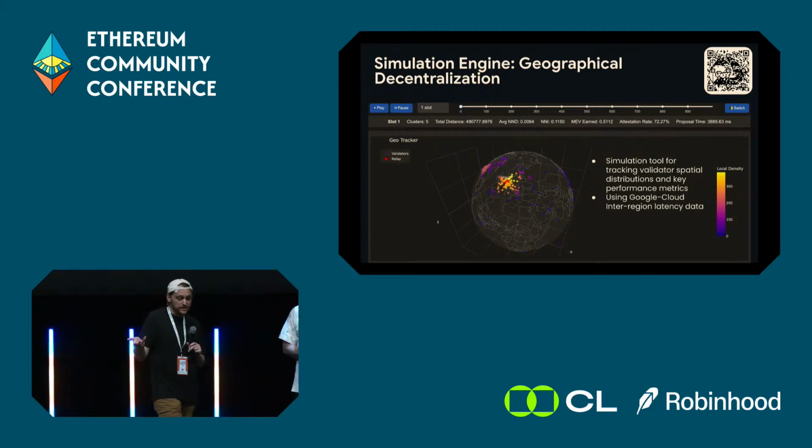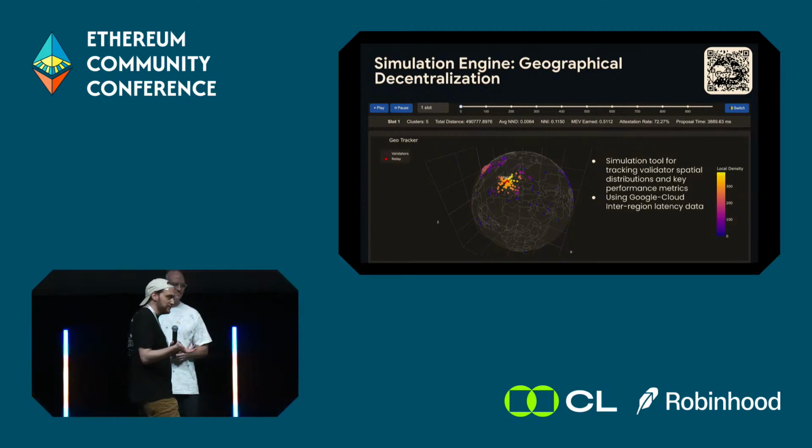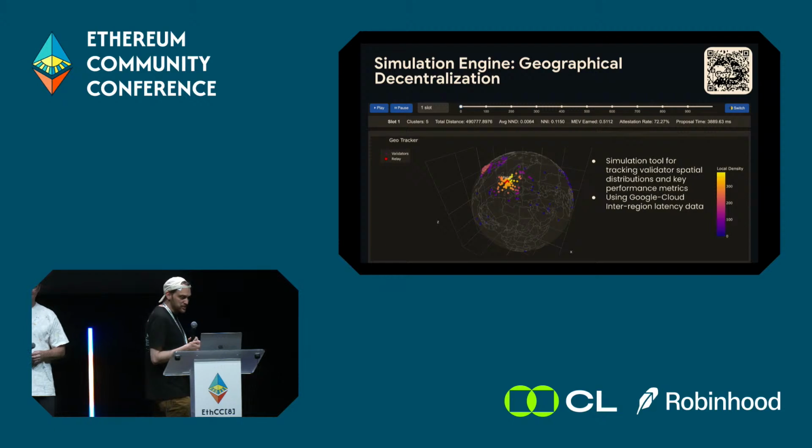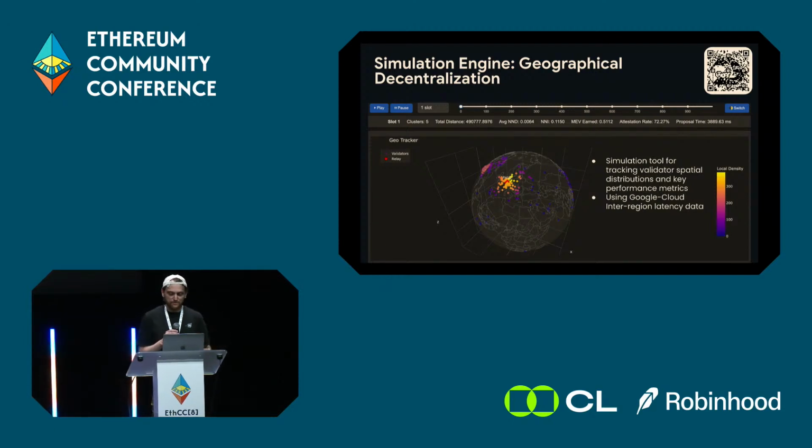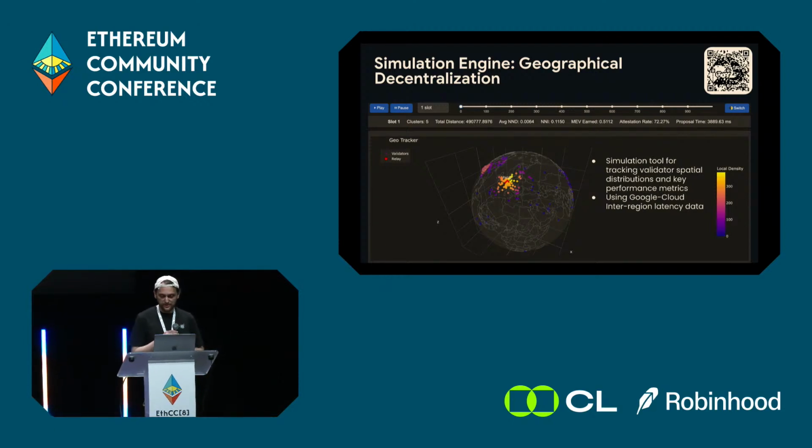For example, timing games. I don't know whether you've heard about them. People try to delay propagation of blocks to build more valuable blocks. You can wonder how that extra value is shaping the location of nodes in the network. And they built this nice simulation tool.